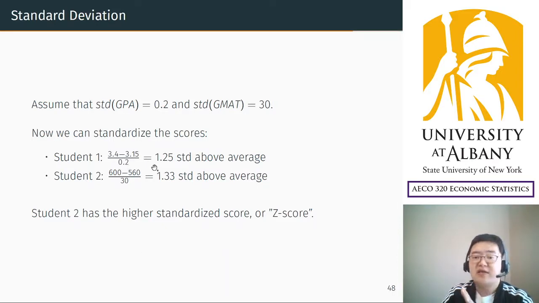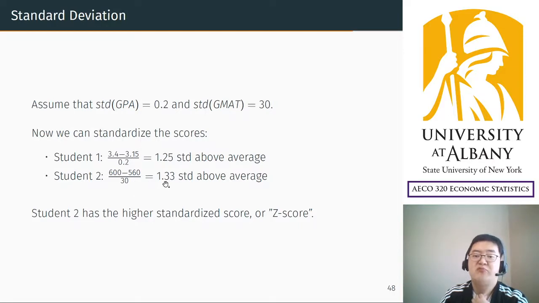That's the standardized score. On the other hand, student 2 was 40 points above the mean, but the standard deviation was 30. So we say 1.33 standard deviations above the average using this standardization. So the score minus the mean, divided by the standard deviation, is the standardized score.